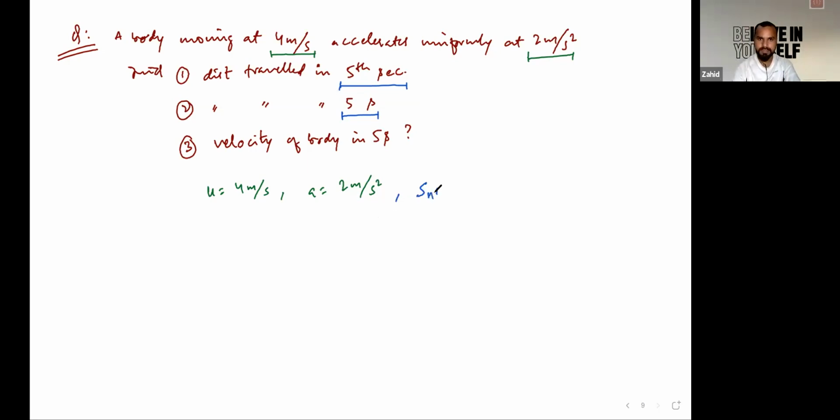So this part, u plus a over 2 times 2n minus 1. U is nothing but 4, just to push it here. A is nothing but 2, so it will be divided by 2, times 2n where n is just 5, minus 1. 2 into 5, 10, minus 1, 9.